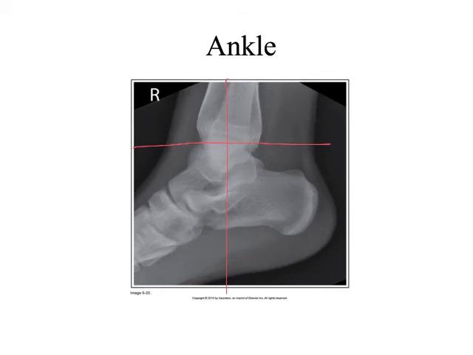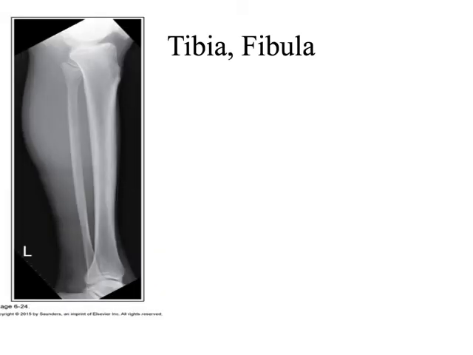All right. Let's look real quickly at this. What image are we looking at here? AP or, it's a lateral. I can see more or less the knee in profile here.